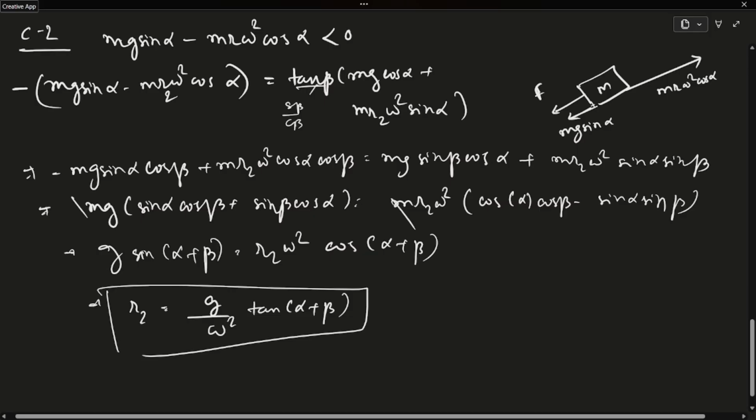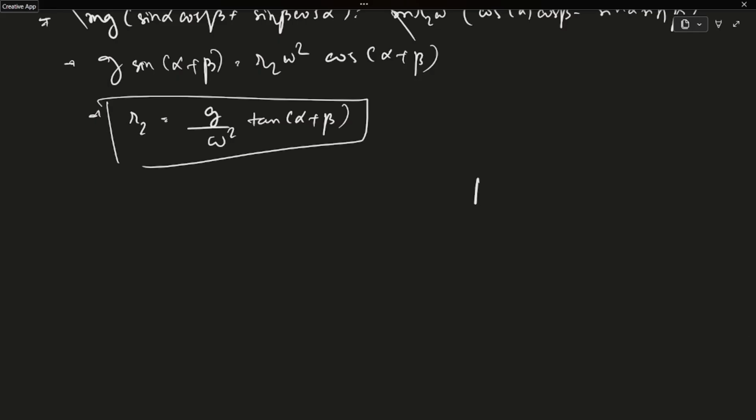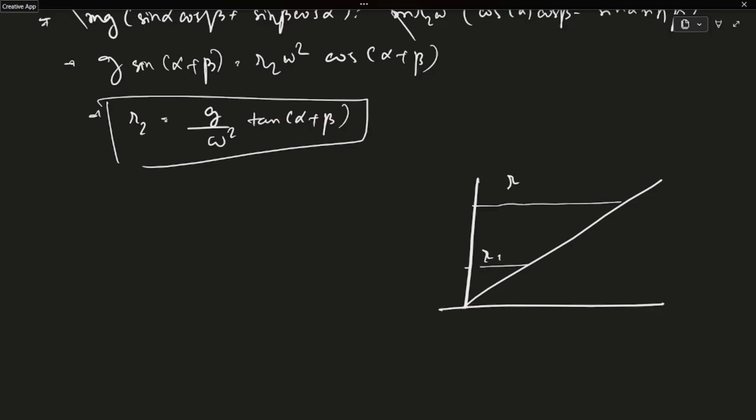So what is the physical interpretation of these two radii? Suppose this is the rod, this is the radius R1, this is the radius R2. Suppose the box is at M here or M here.